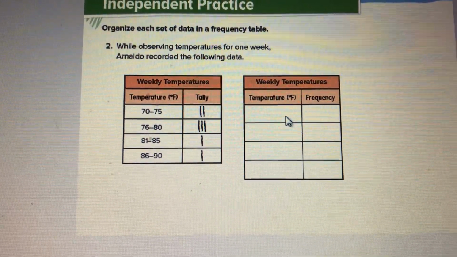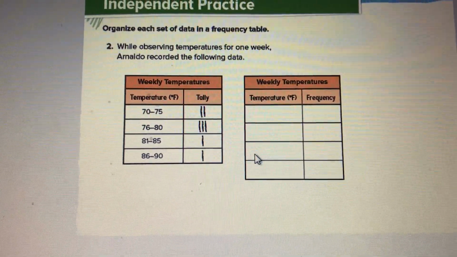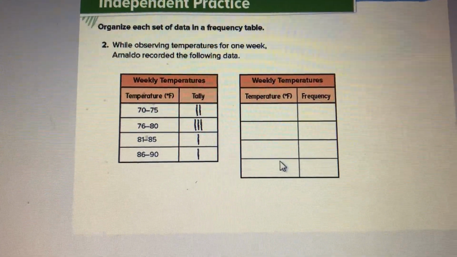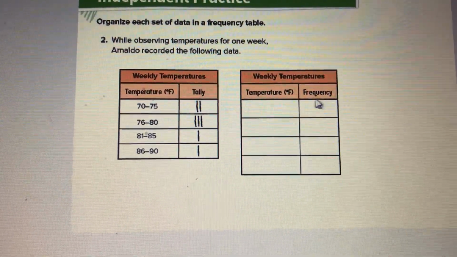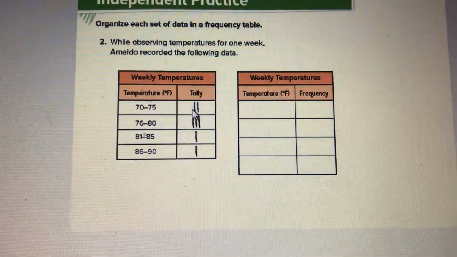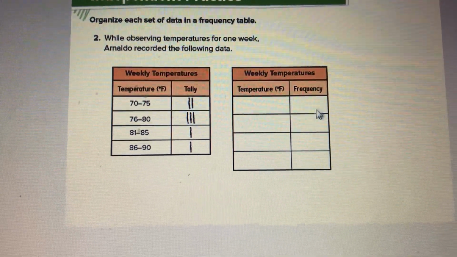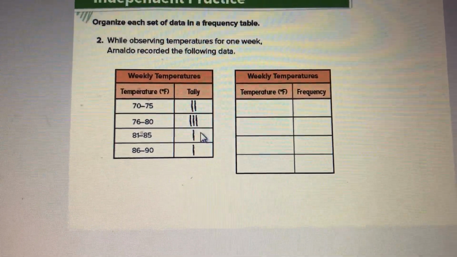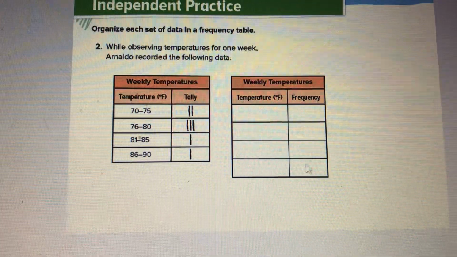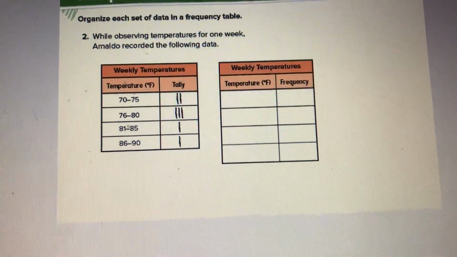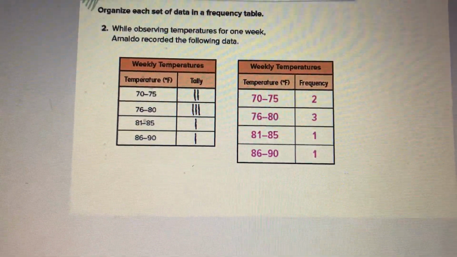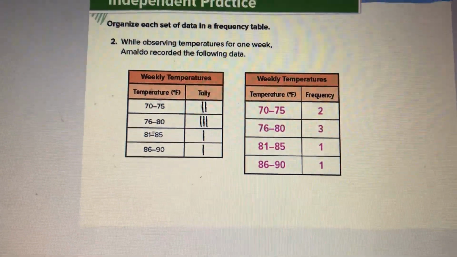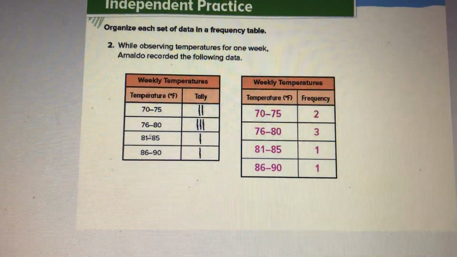So 70 to 75, 76 to 80, 81 to 85, 86 to 89. That's easy, I'm just copying. Frequency, how many? 2. Instead of writing 2 tally marks, I'm going to write in the number 2. Instead of 3 tally marks, I'm going to write in the number 3. Instead of 1 tally mark, I'm going to put a 1. It actually looks kind of the same, but that's okay. Let's go ahead and fill those in and make sure you have them correct.